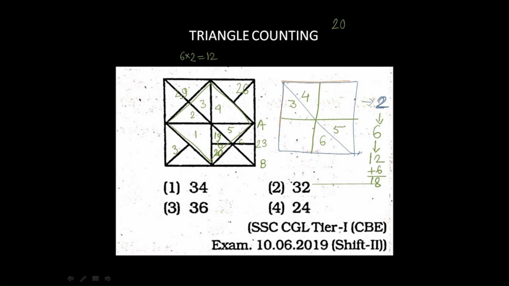So it will be 32, right? And one more is there, 33. So 33 triangles. Then you will see that A, O, B, this hasn't ever been counted. So 34 is the right answer. I hope it is clear to you.